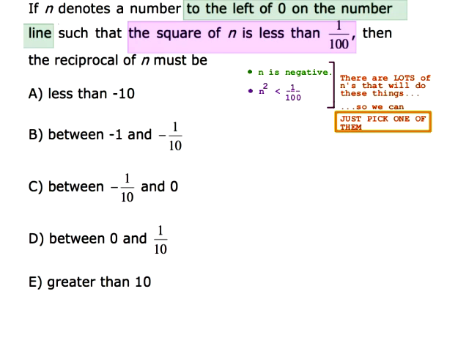How about negative 0.01? Then n squared is positive 0.0001. That's definitely less than 1/100th. So that works.